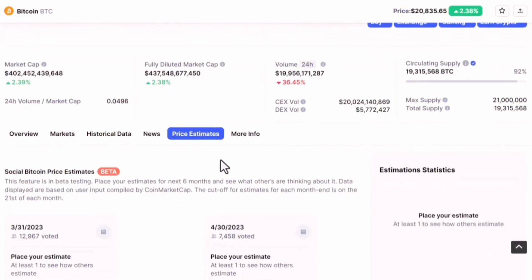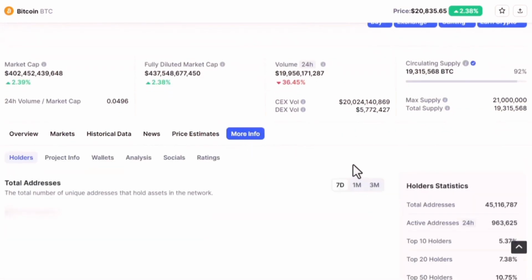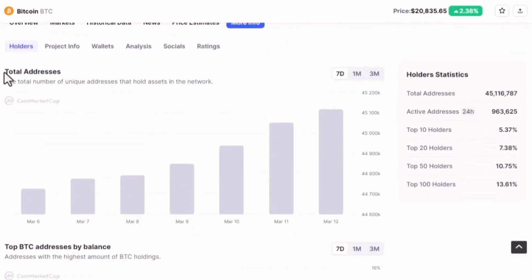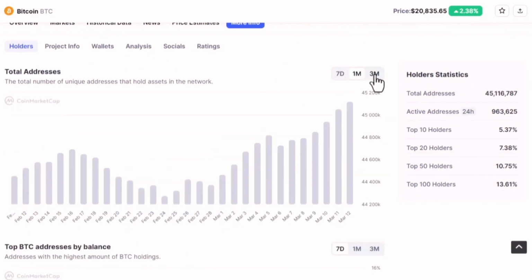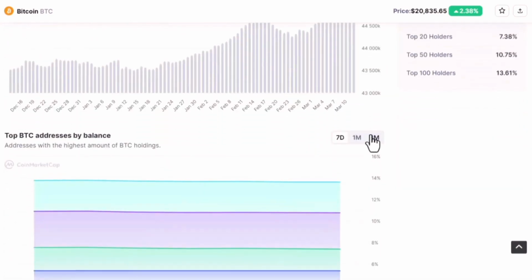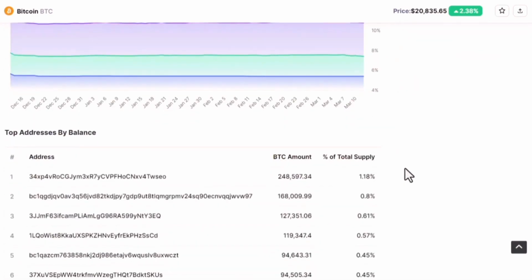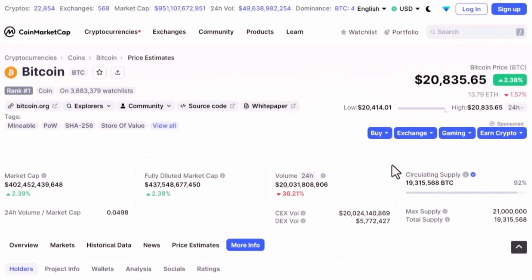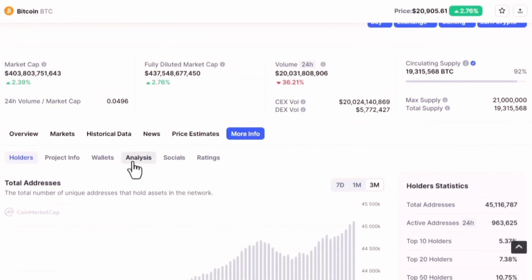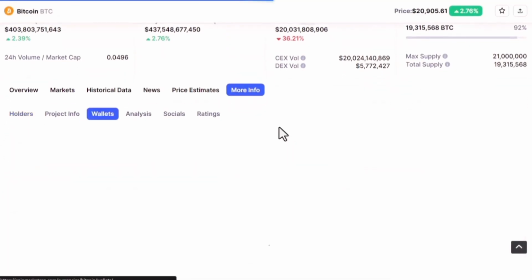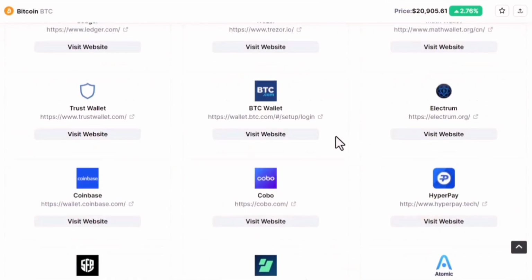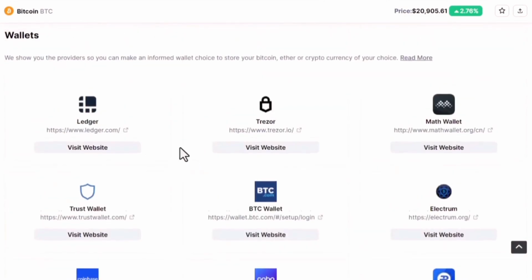On the More Info tab, you have other information, for example total addresses on Bitcoin, and you can of course change the timeline and the time chart and the rest of things. A long story short, everything you need to know about an asset or a cryptocurrency or an exchange, communities, anything, you can find it all here on CoinMarketCap.